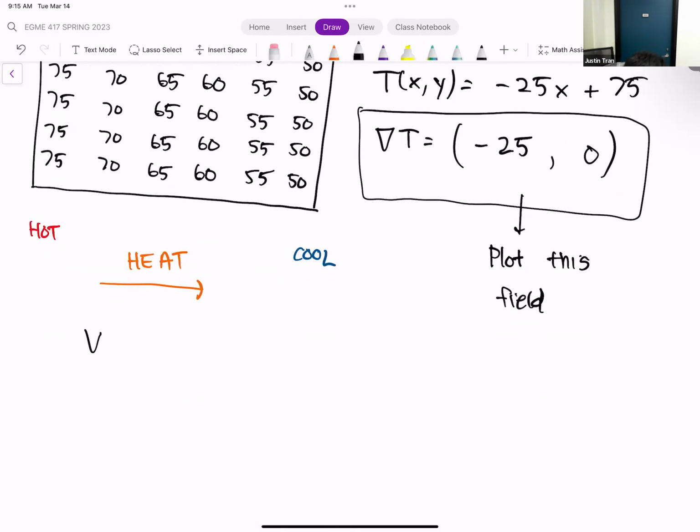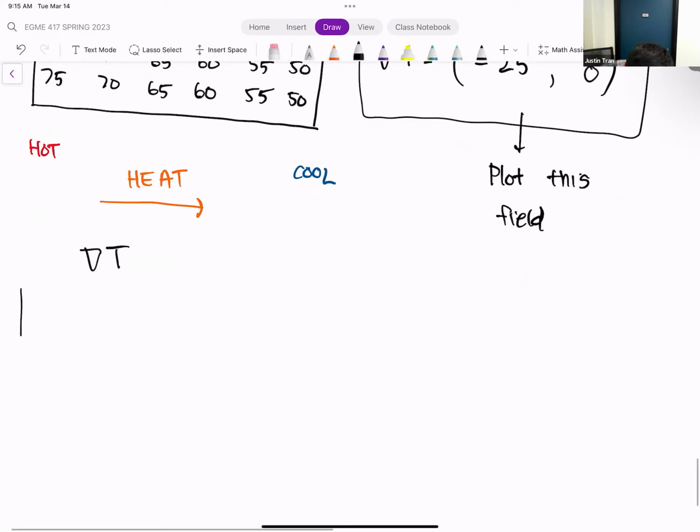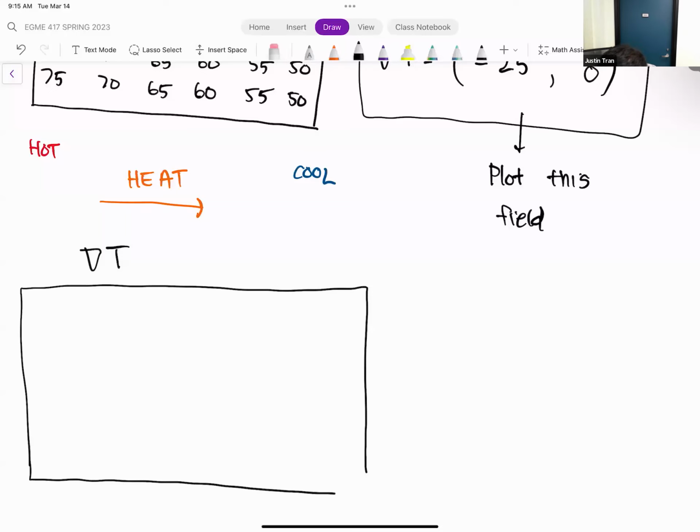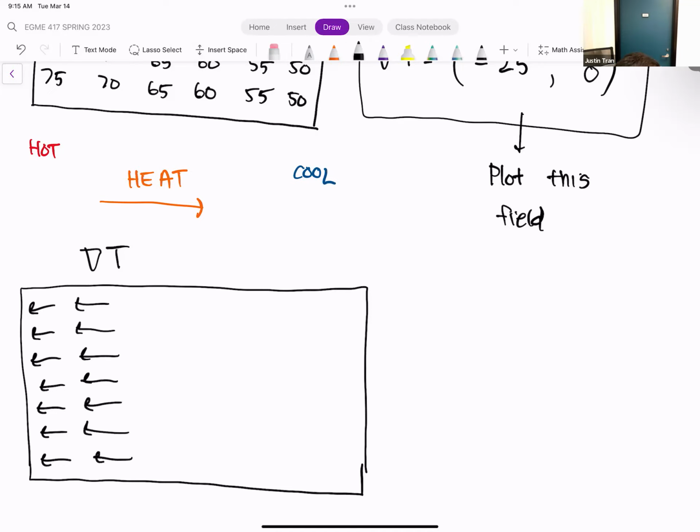This is going to be the plot of the gradient of T. The nice thing about this gradient field is that it's a constant, minus 25, 0. So everywhere, we're going to have that same arrow. The gradient doesn't vary. The gradient is always the same all throughout.